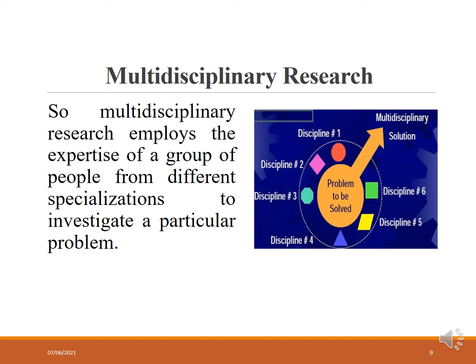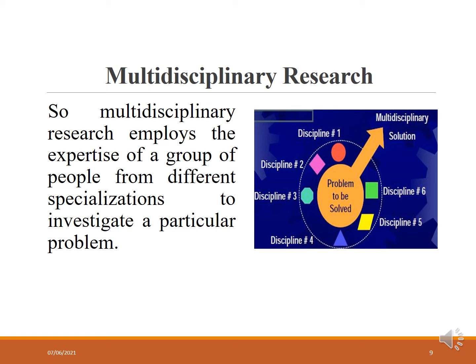So we have in the center a problem to be solved. And if you want to achieve a multidisciplinary solution, then we need individuals or experts from several fields or disciplines. When you look at the shape and the color of each of the shapes in the box, they are different.